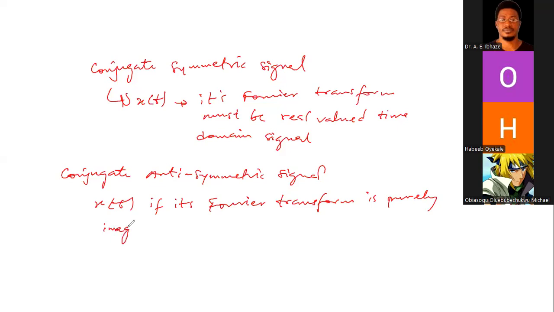So when we take the Fourier transform of the signal and it is real valued, it is conjugate symmetric. Now, when we take the Fourier transform of the signal and it is purely imaginary, then it is conjugate anti-symmetric.